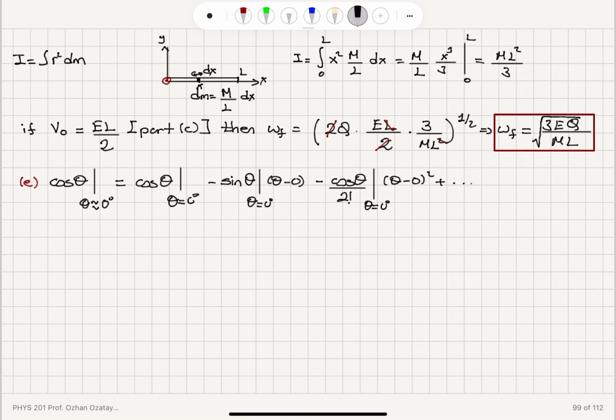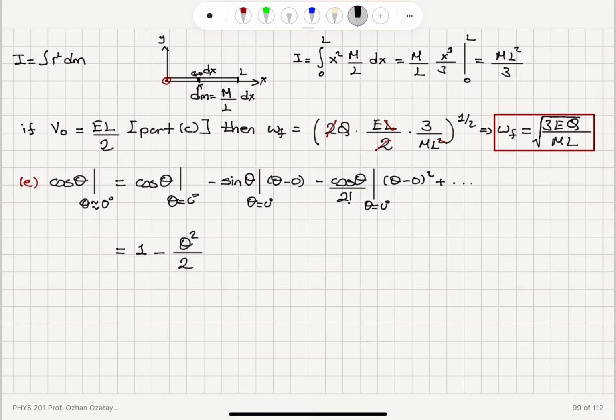So cosine theta becomes 1 minus theta squared over 2, the first two non-zero terms.